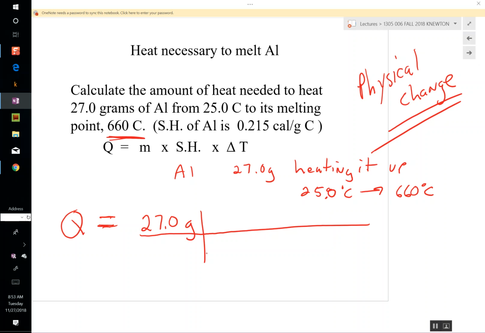Now different materials have different specific heats. The specific heat of water is 1 calorie per gram degree centigrade. But aluminum is 0.215 calories per gram degree centigrade.